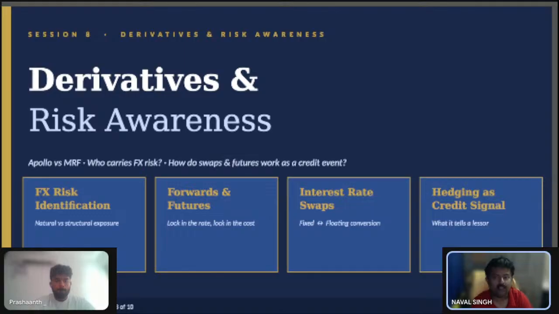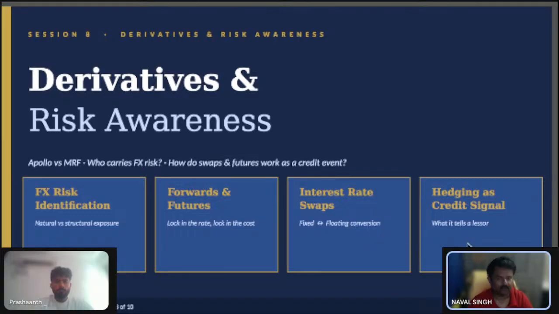In India, electricity is another commodity on which derivatives are written. So you can buy and sell electricity in the electricity exchange at particular rates and prices. This is something that I am currently working on as part of my interest in smart grids, on how electricity can be sold and purchased. That's a separate discussion. So interest rate swaps come in that place where you have fixed versus floating conversion.